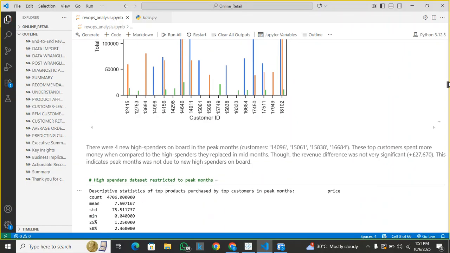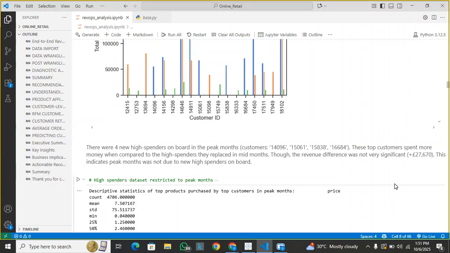So, when I compared the revenue the new customers brought in, that's the four new high spenders, with the revenue the customers they replaced brought in, I saw just a little difference of £27,000.